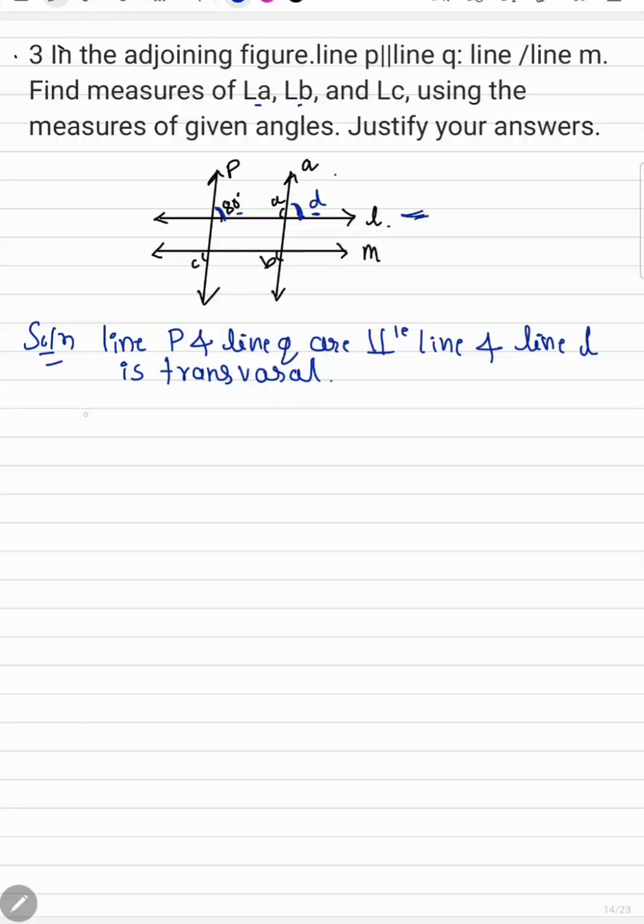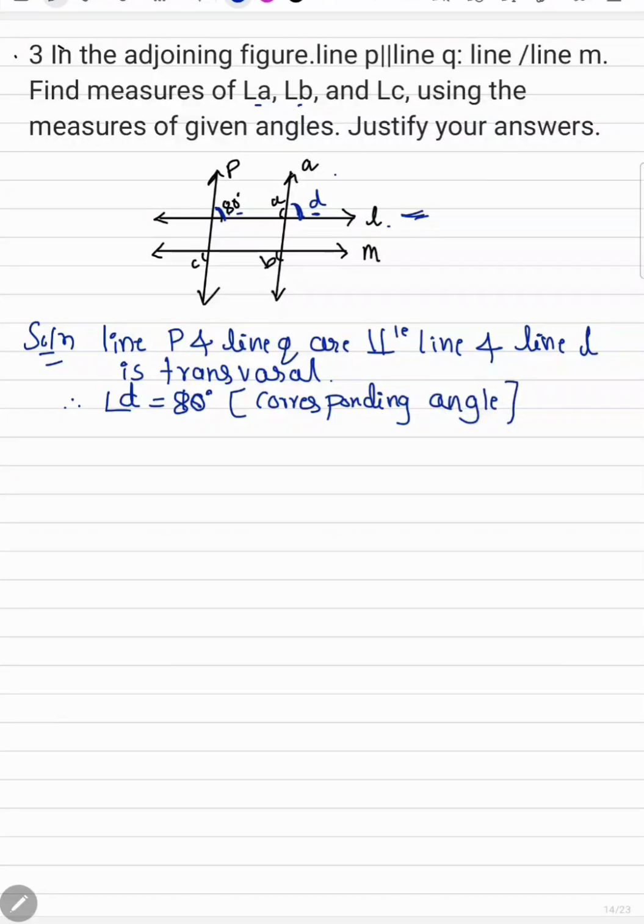So here we write, therefore angle D is equal to 80 degrees. Why? It is a corresponding angle.